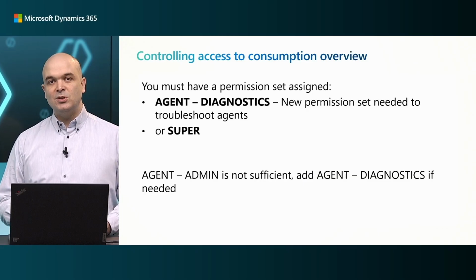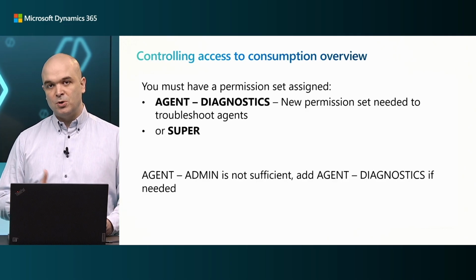Because the consumption data is sensitive, we are controlling who can see this data. So in order to see this data, you need to have the agent diagnostics permission set assigned or a super user permission set assigned. Currently, only the users that have these 2 permission sets assigned are able to see the consumption data. The agent admin permission set is not sufficient.